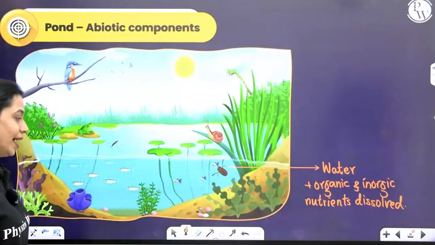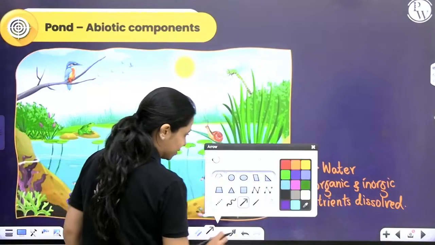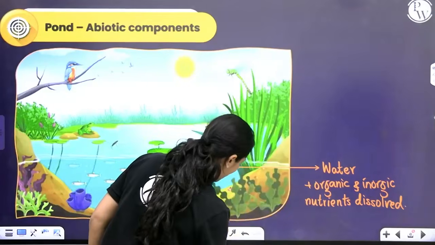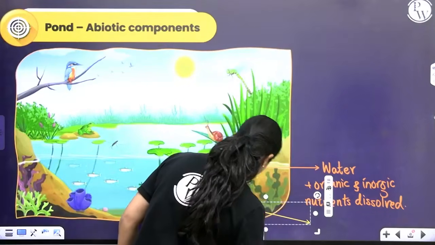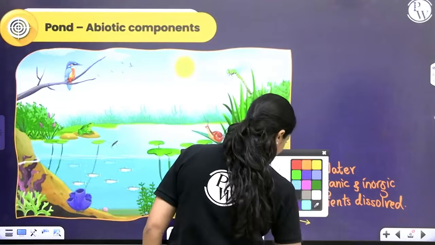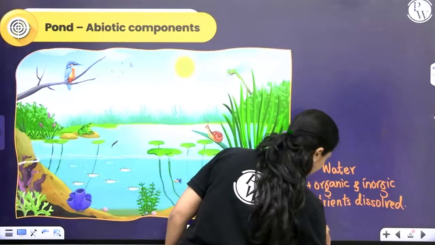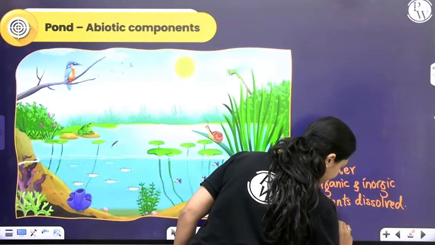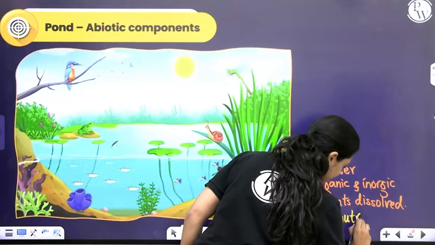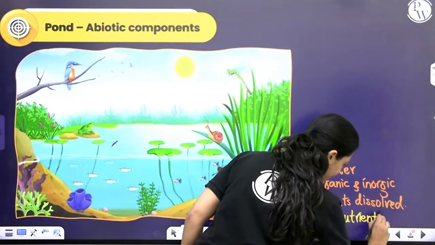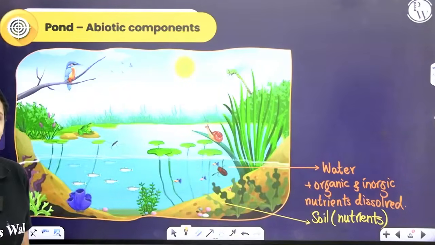What else do we have? We have this sediment or soil at the bottom of the water body, right? There is soil present, and this soil will be rich in nutrients, right? What else do we have here?